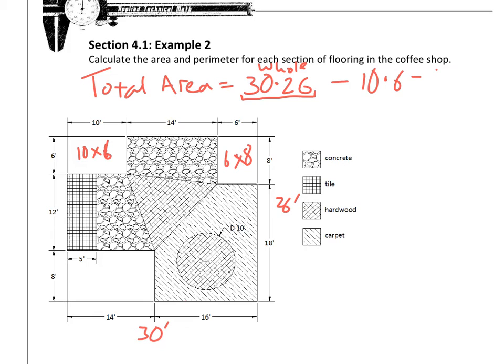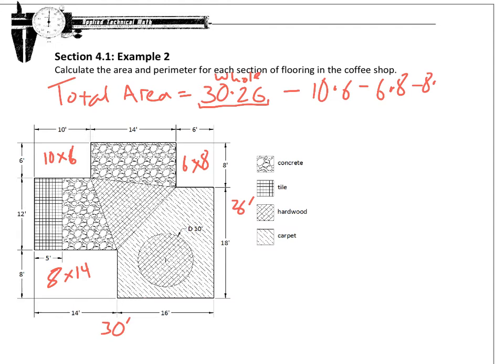So we're going to subtract off 6 times 8. And this thing here is an 8 by 14 rectangle. It's 8 on this side, 14 on this side. So we're going to subtract 8 times 14. Okay. Great. And so we have one big rectangle, and we're subtracting off 3 little rectangles. It's all there. We can see it.